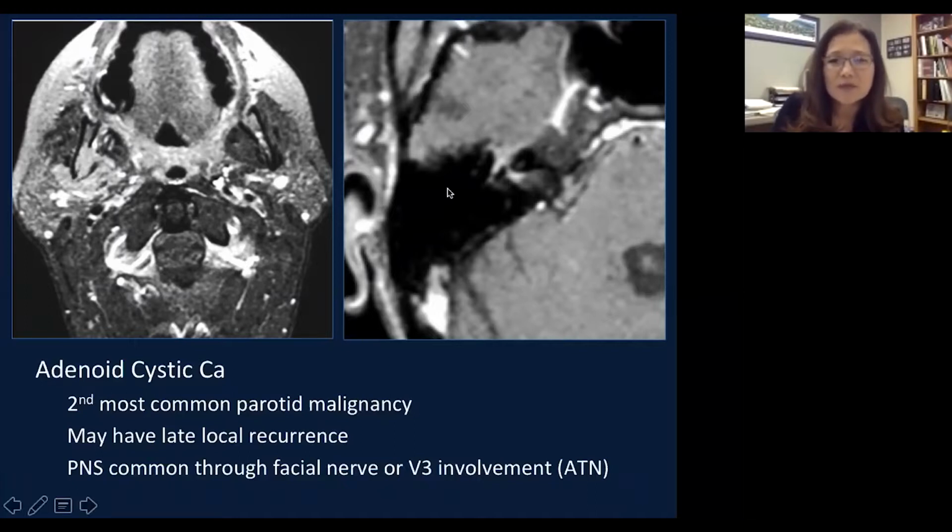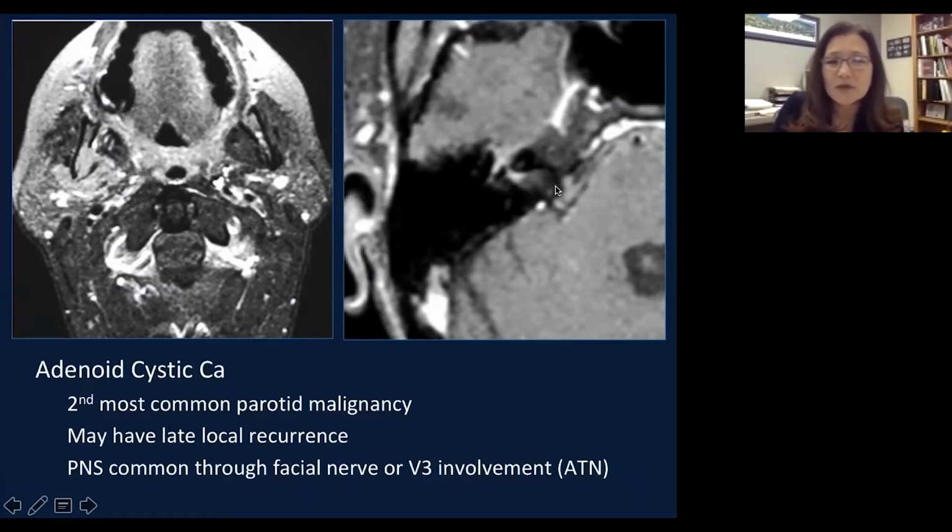When you look carefully, because adenoid cystic carcinoma notoriously has perineural spread, and the facial nerve runs through the parotid parenchyma, you have to follow the facial nerve.